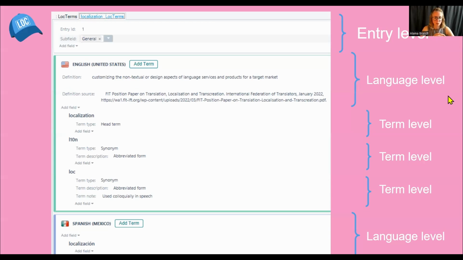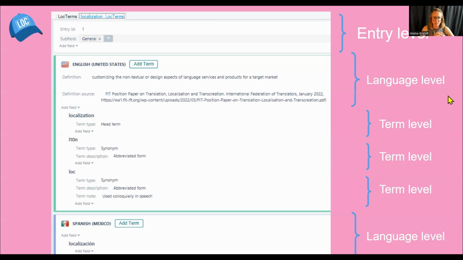And there are special rules for writing definitions, such as not using the term that has been defined in the definition, that's called a circular definition, or not using negation in a definition, so not saying what something is not, but saying what something is.